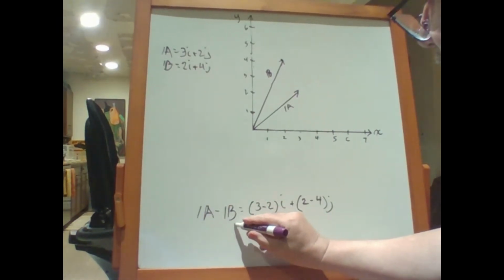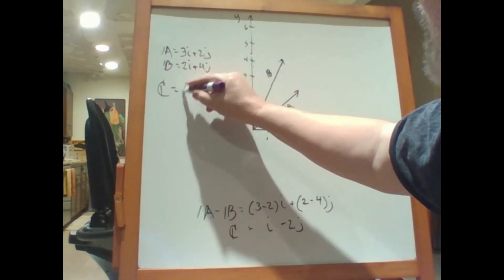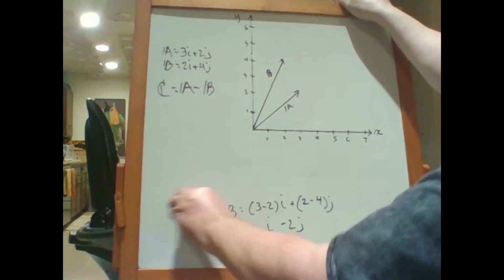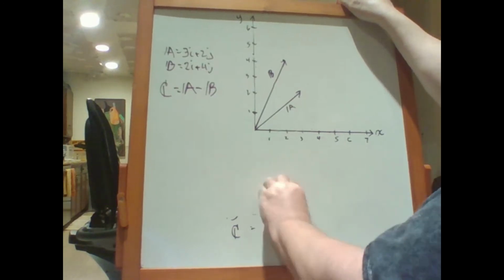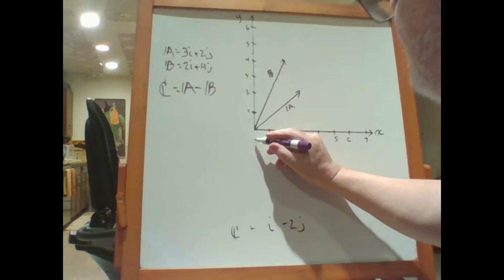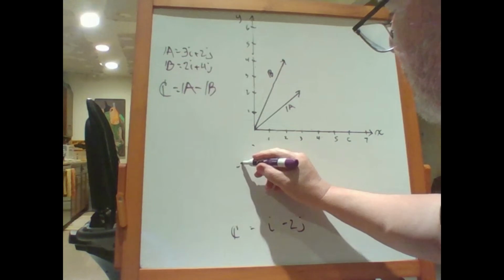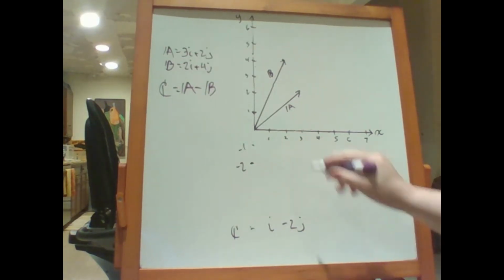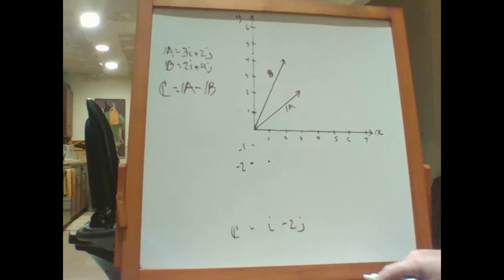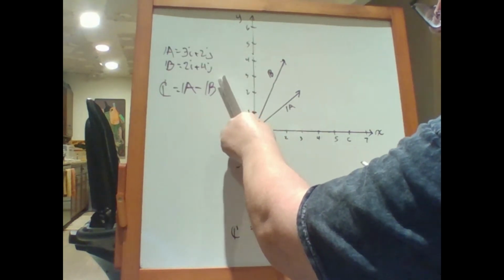We're going to call that C. C is equal to A minus B. That's our problem, and this is our result. If we took our axis down here, let's say -1, -2, and this is 1, our resultant vector would be right there on this coordinate system.